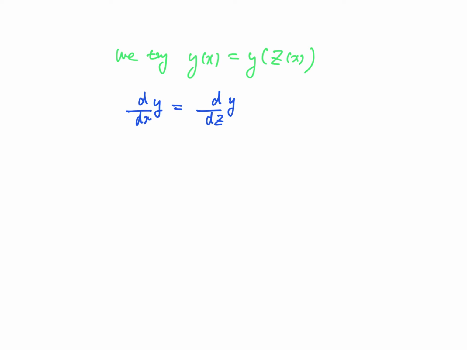you try y(x) as y(z). So we assume that, in this case, dy/dx is dy/dz times dz/dx, right? Chain rule.